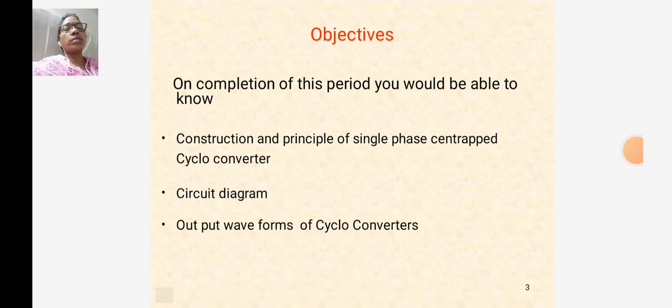So today's objectives are: on completion of this period, you will be able to know the construction and principle of the single phase center tapped cycloconverter, and the circuit diagram and output waveform of cycloconverters.